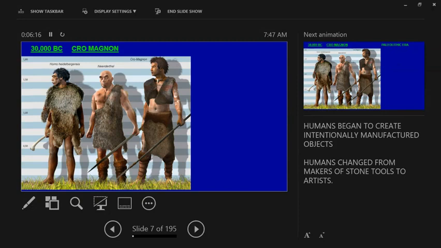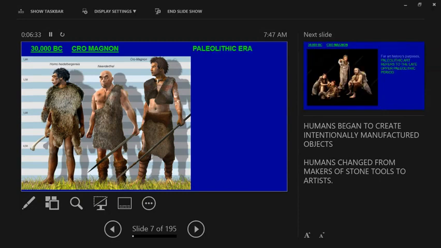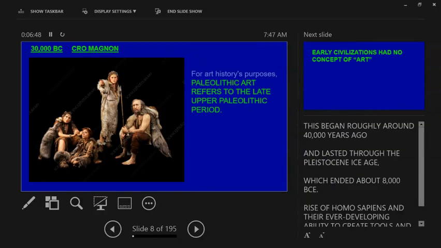All right, so we are starting around 30,000 BC, and we're starting with the Cro-Magnon. Human beings began to create intentional manufactured objects. This is a time when humans changed from makers of stone tools to artists. Paleolithic art refers to the late Upper Paleolithic era.